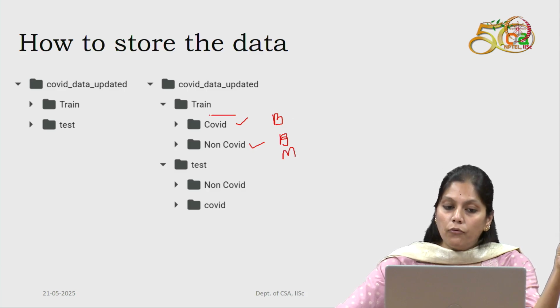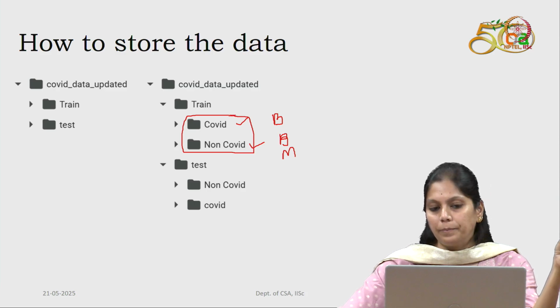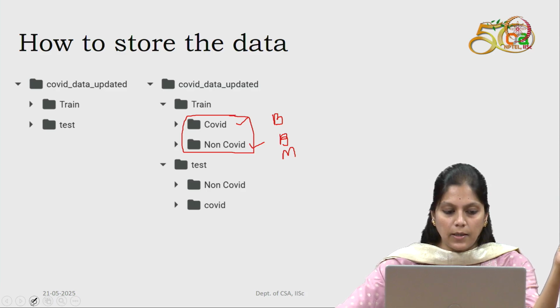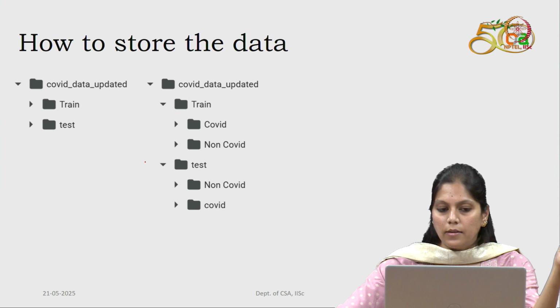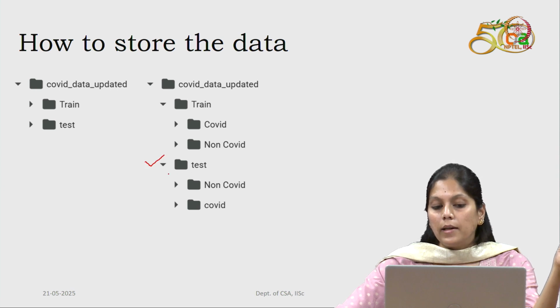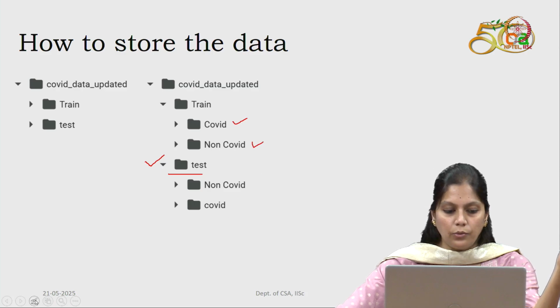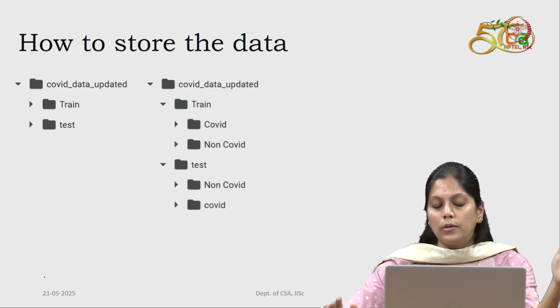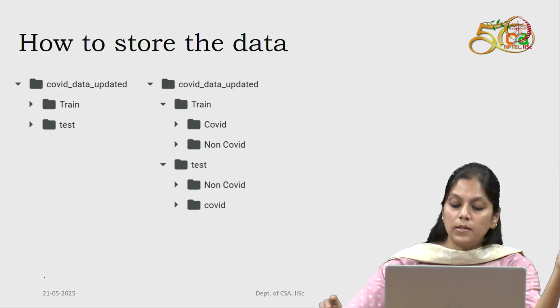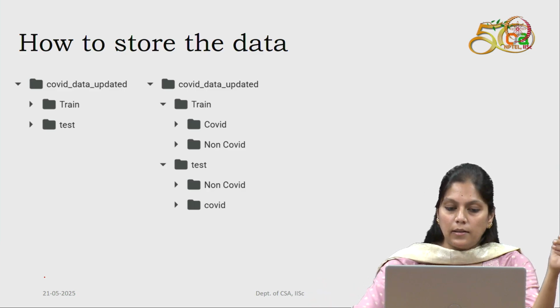So the subfolders define the number of classes. I hope this point is clear to you. The same applies to test images. If for training you have 2 classes, for testing also you will have 2 classes. This is how you save the images in your system.